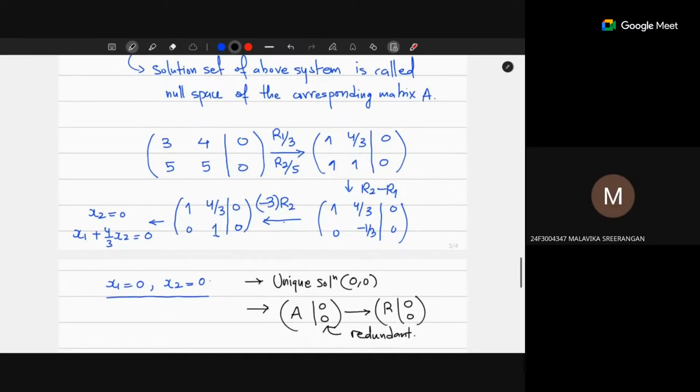Now let's come back. What about consistency? How do we find it? In RREF, the pivot is the only non-zero element in the column.